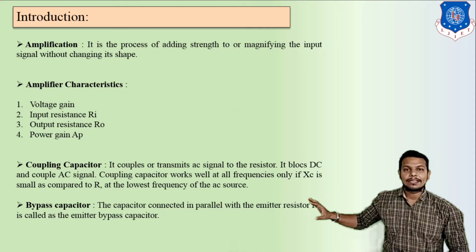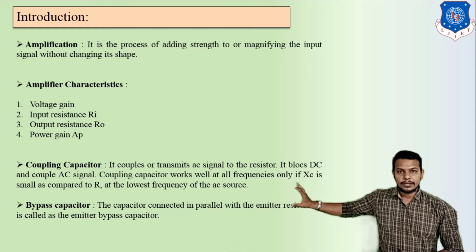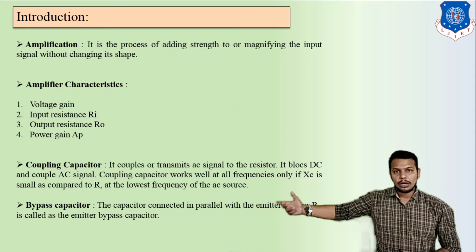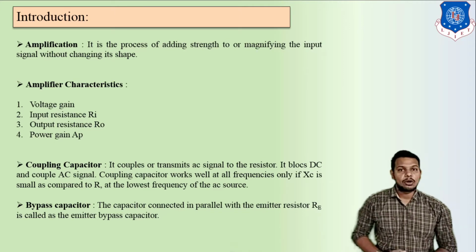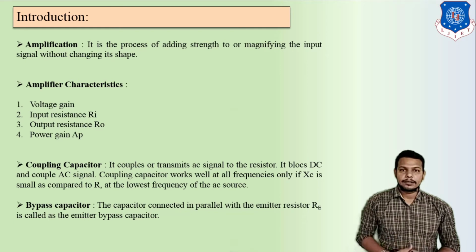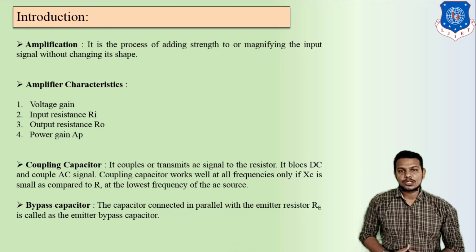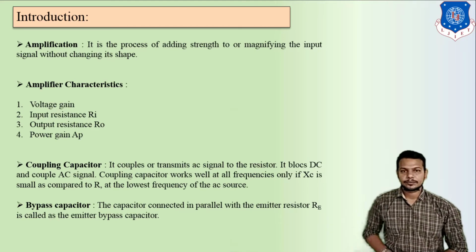That's why in DC it is blocked and in AC it flows, because there is a particular frequency in the alternating current signal. That's why it blocks DC and allows the AC signal.